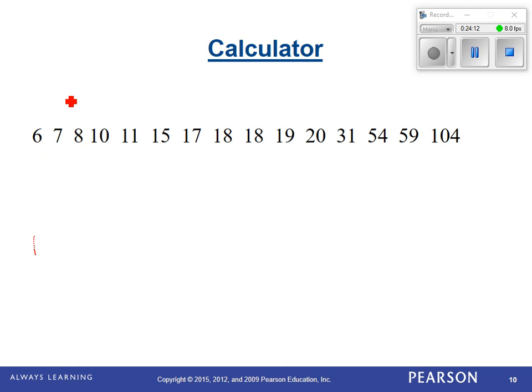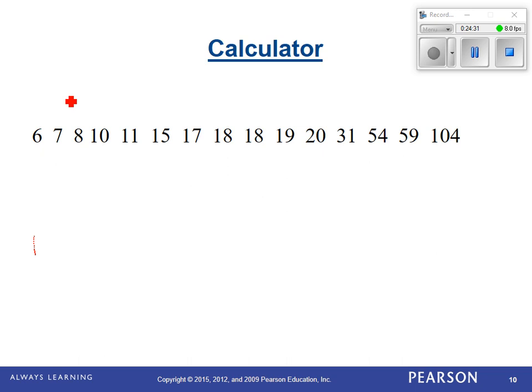So, if they wanted us to list all of them, would we count 10 as a part of quartile 1? Yeah, so if this is quartile 1, you're going from here down. If this is quartile 2, you're going from here down.